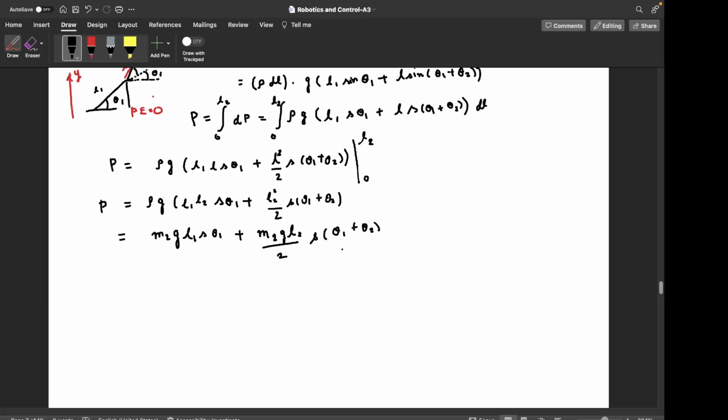So this you can say is the final form of the potential energy of link 2.